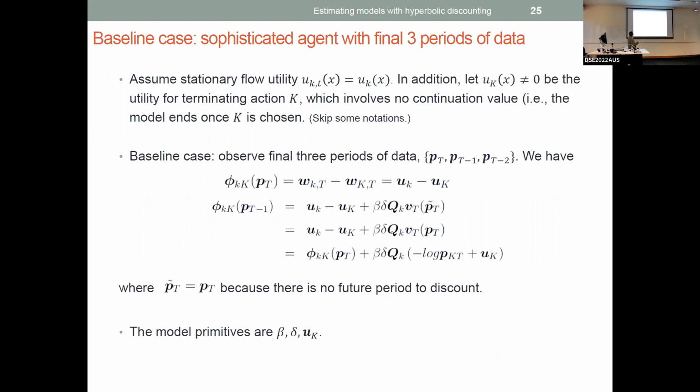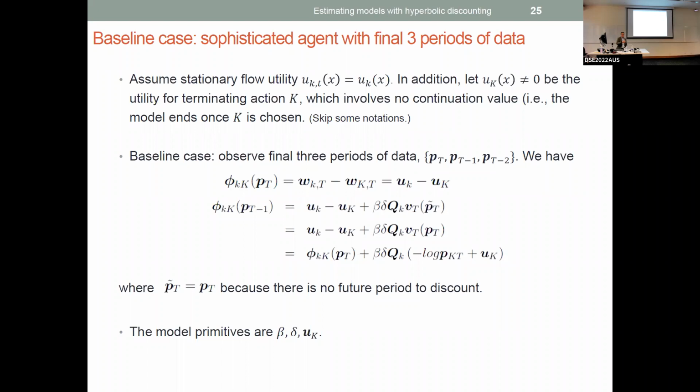Start by assuming stationary flow utility. So we write U_K,T(X) to be U_K(X). In addition, assume that the utility for the reference choice, big K, is non-zero. Basically, with a terminating action, your reference choice would yield this U_K, which is non-zero.